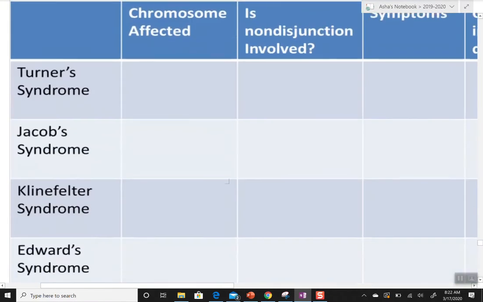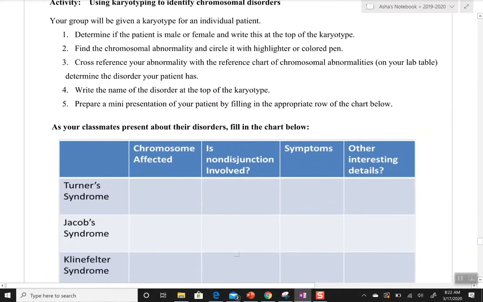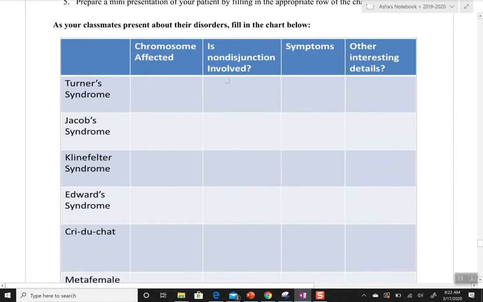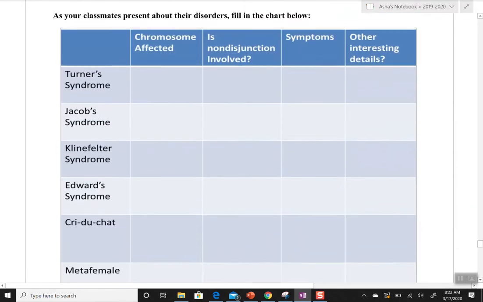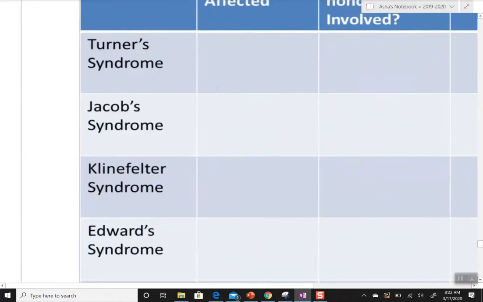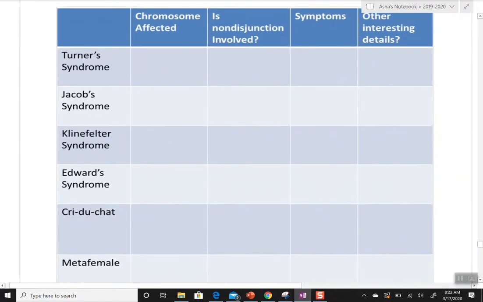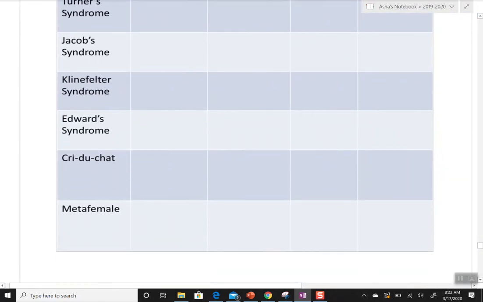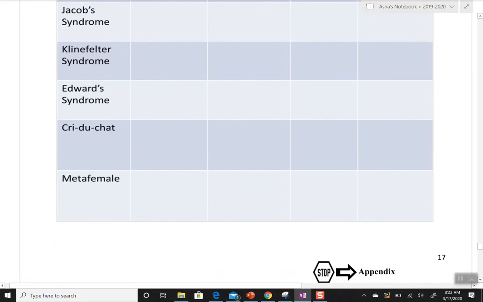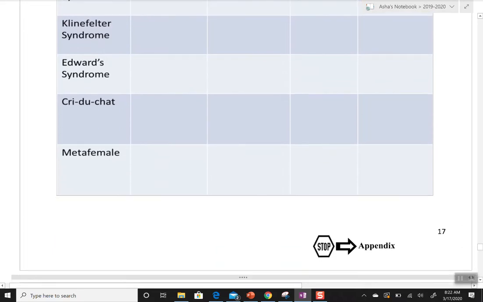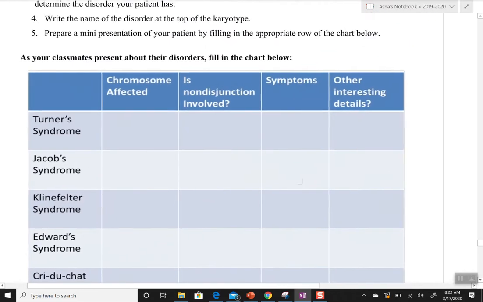Now we're going to talk about these other chromosomal mutations due to non-disjunction. So we have Turner syndrome, Jacob syndrome, Klinefelter syndrome, Edwards syndrome, Cri-du-Chat, that's French, and meta-females.